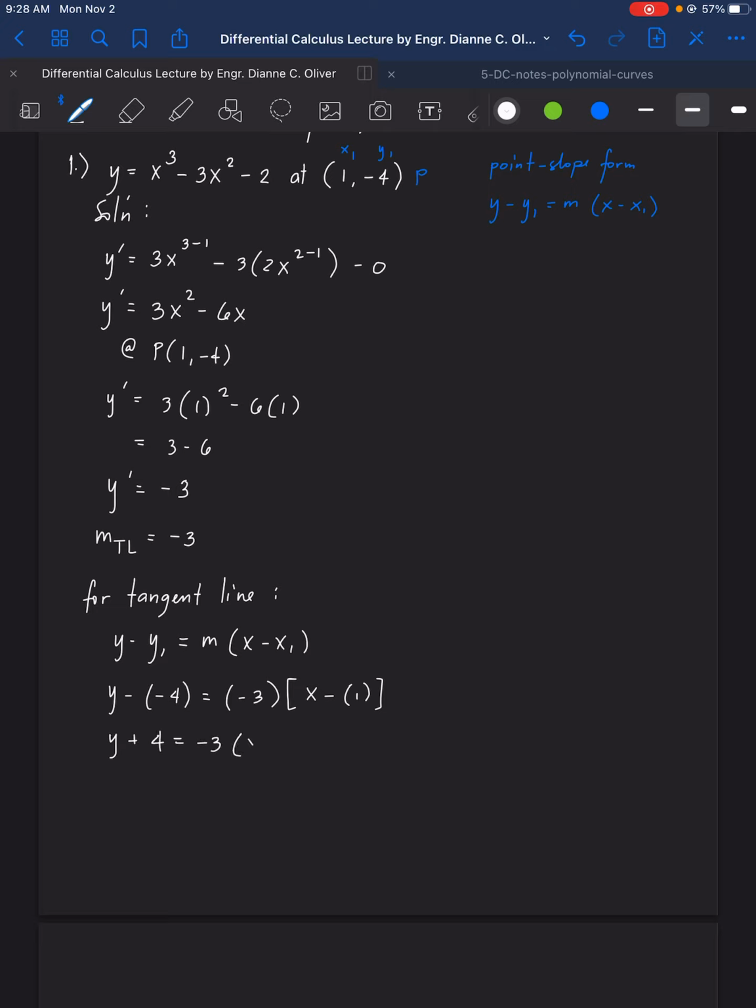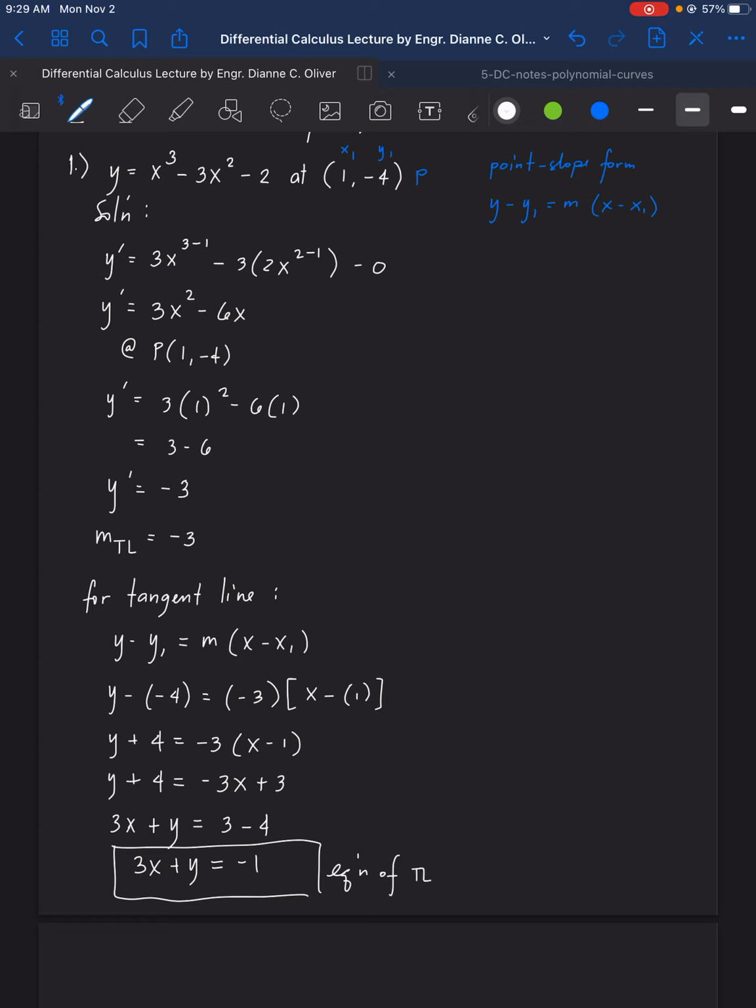So y plus 4 equals negative 3x plus 3. Therefore, this is 3x plus y equals 3 minus 4. So we have 3x plus y equals negative 1. So this is now the equation of the tangent line. Okay? So using the point slope form, we were able to get the equation of the tangent line.